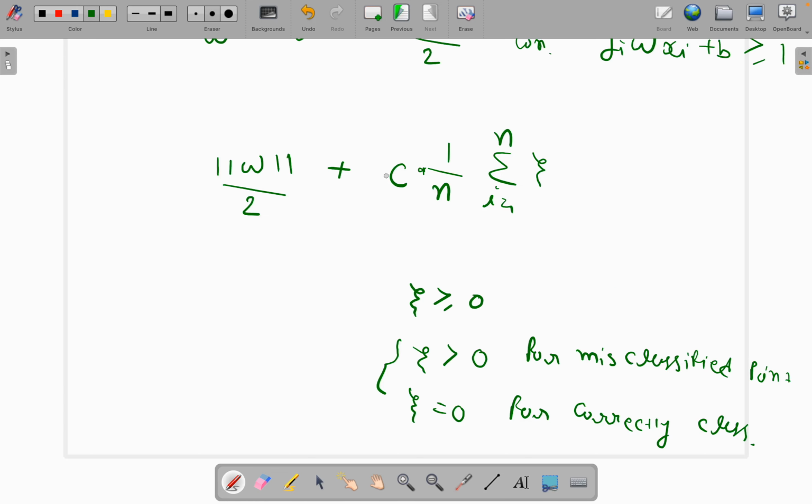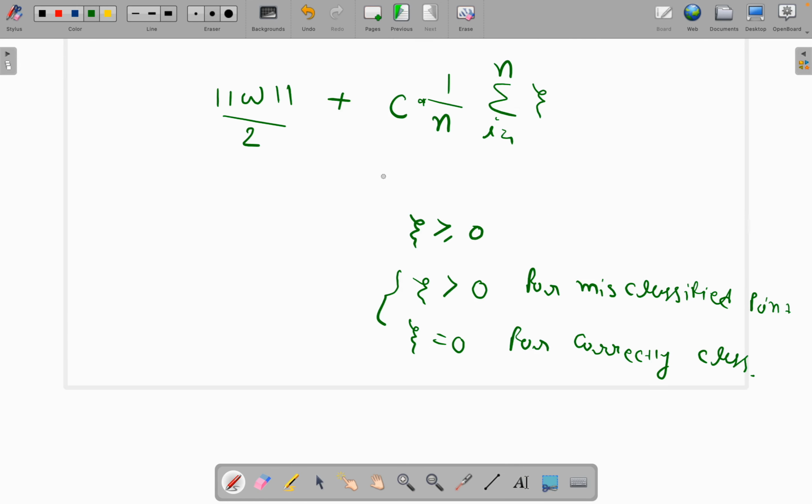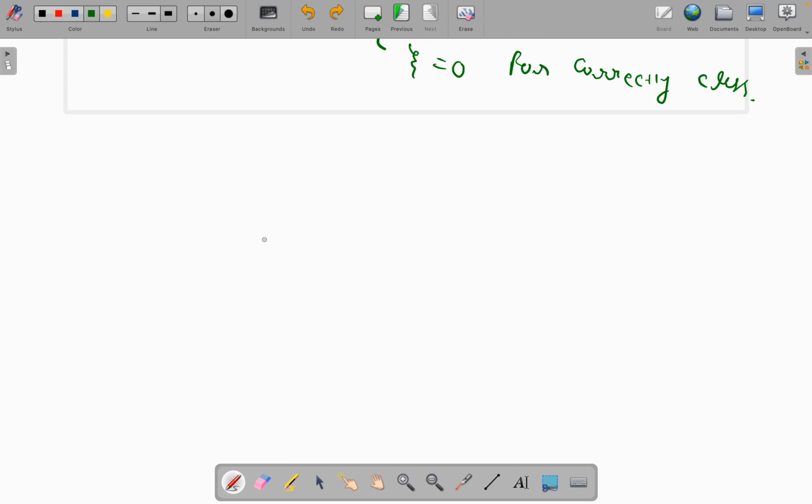And in this equation, we can think in this direction. Let's say yi times (W transpose xi plus b), we need greater than or equal to 1, right?